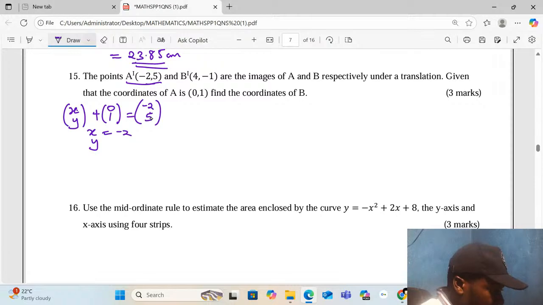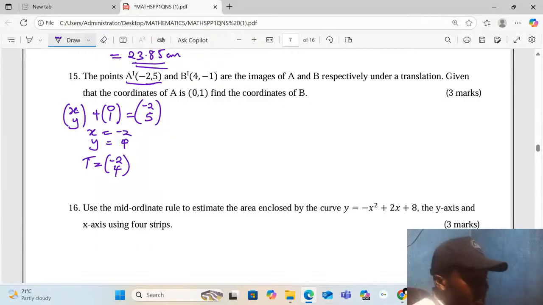Then 5 minus 1 becomes 4, so y is 4. So translation T becomes (-2, 4). So that is the translation.